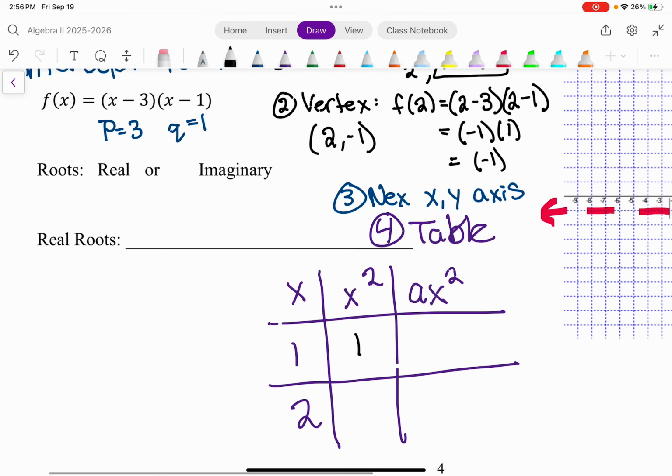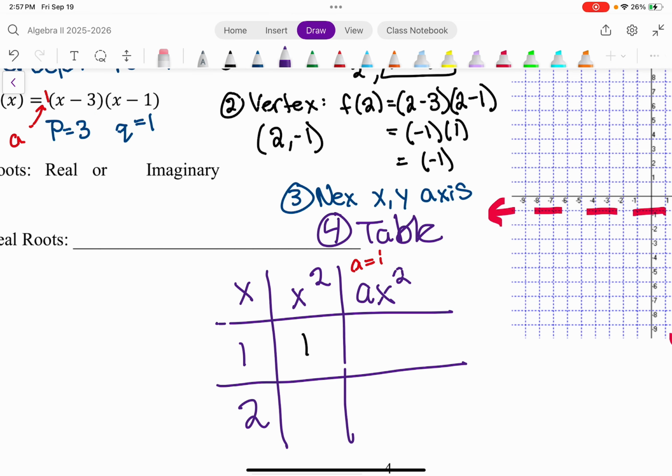Then we need to figure out what our a value is. For these ones, a is the number in front of the parentheses. When there is no number, that is just like having a 1 up front. So in this one, a equals 1. So nothing's going to change from our second to our third column because we're just multiplying by 1. So then if we move down to our x value of 2, 2 squared is 4, and 4 times 1 is 4.